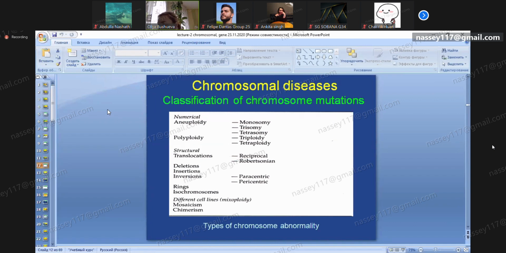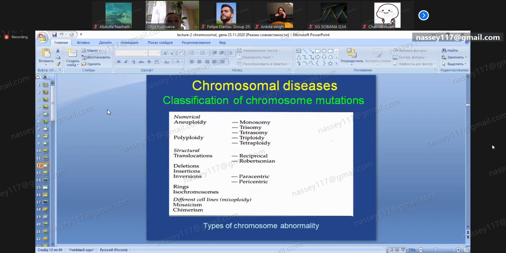As for classification of chromosomal abnormalities or chromosomal mutations, we know the following types of chromosomal abnormalities. First one is numerical abnormalities. It's a type of chromosomal abnormality associated with an abnormal number of chromosomes in the human karyotype. Numerical abnormalities may be divided into aneuploidy and polyploidy.